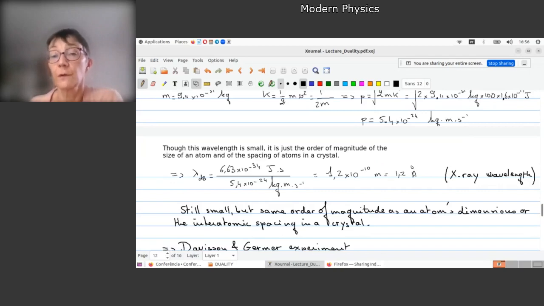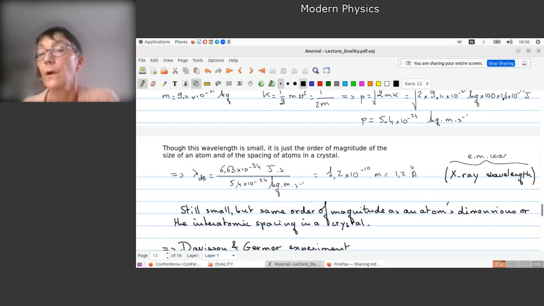This is a material particle, and so this is the de Broglie wavelength of this particle, but the wavelength is similar to the wavelength of X-rays, which are electromagnetic waves. This is not an electromagnetic wave, okay? This is a material wave.